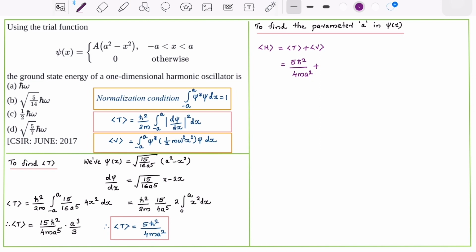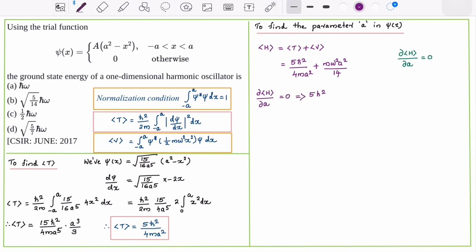This is equal to 5ħ² by 4m a² plus mω²a² by 14. To find the parameter a in ψ(x), take ∂H by ∂a equal to 0, and from that expression we can find the value of a.